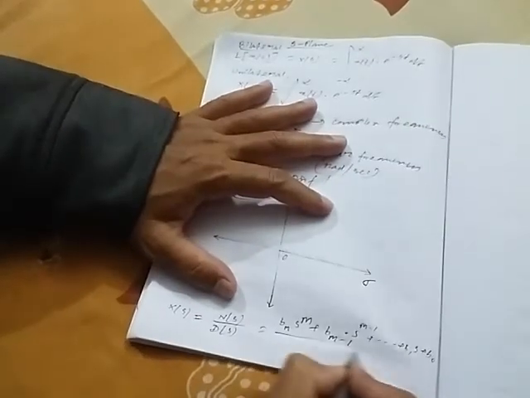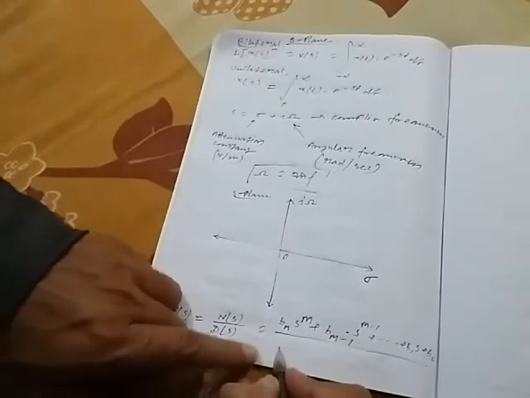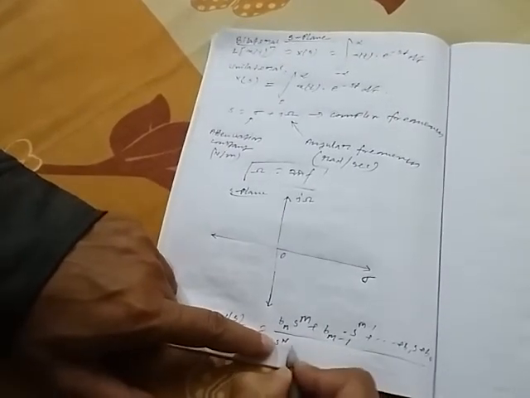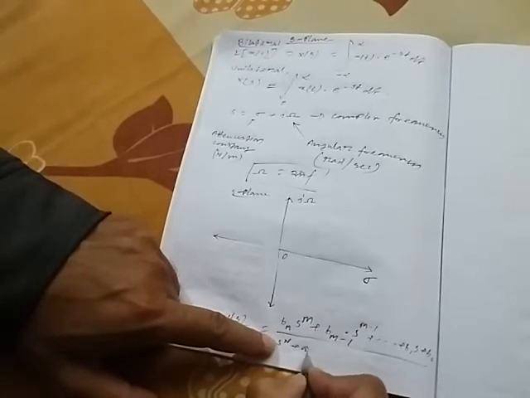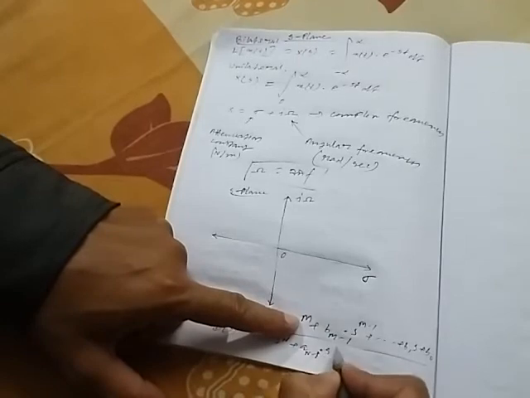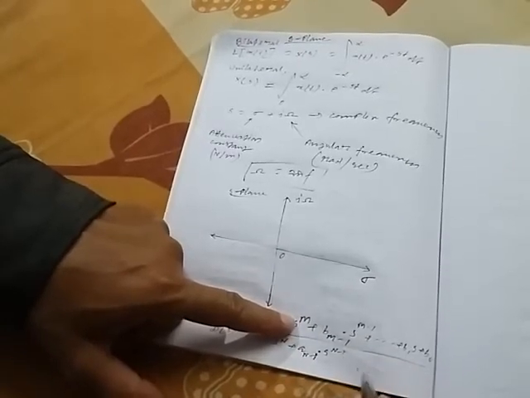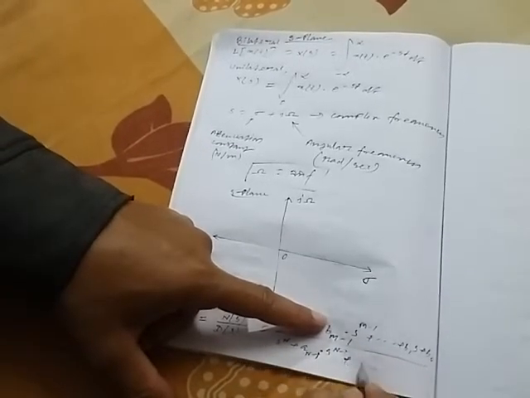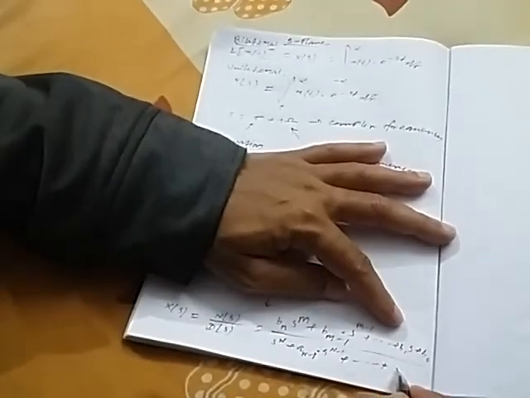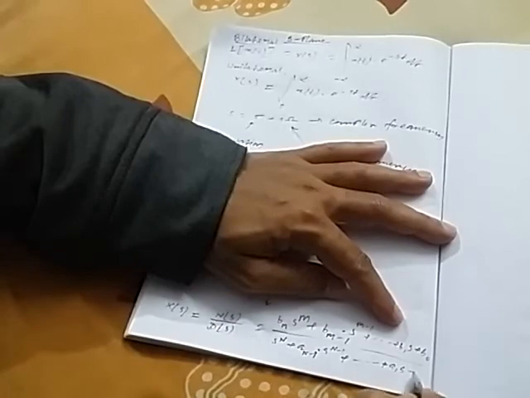The denominator polynomial is s to the power capital N plus a subscript n minus 1 into s to the power n minus 1, and so on, plus a1 s plus a0.